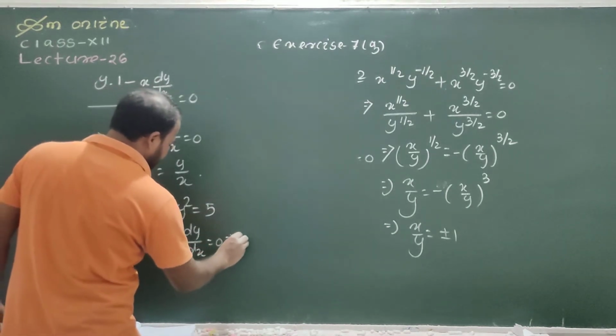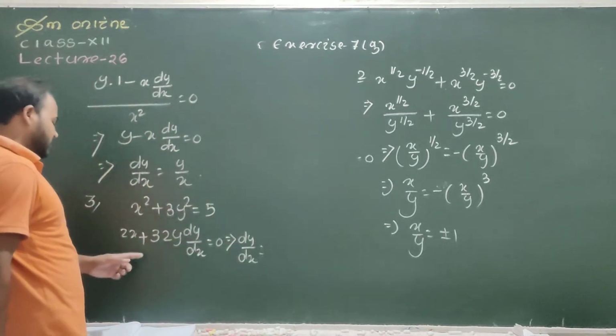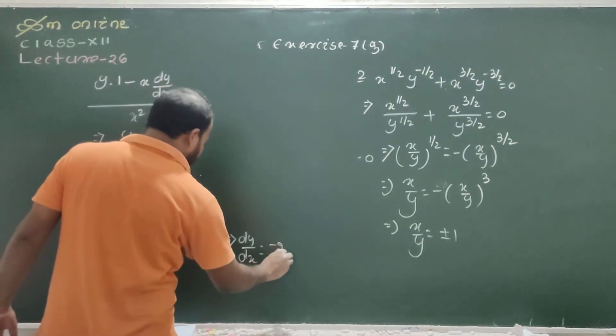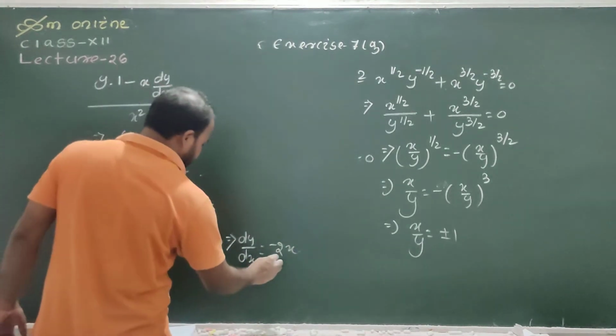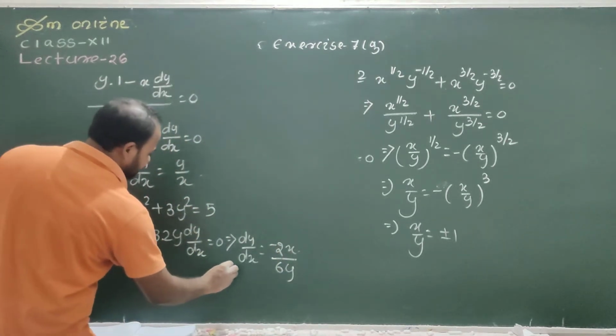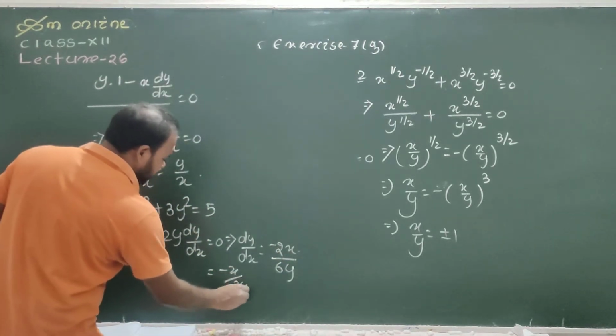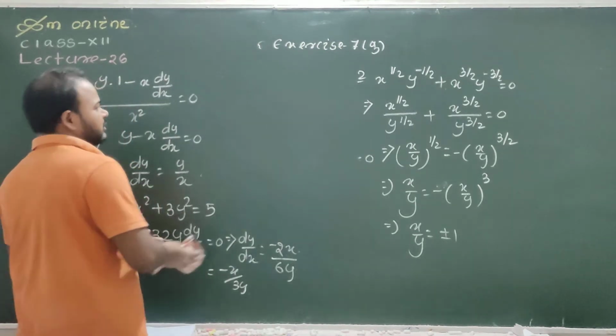Finally we get dy by dx equal to minus 2x upon 6y, and it is again equal to minus x upon 3y. Now move to question number 4.